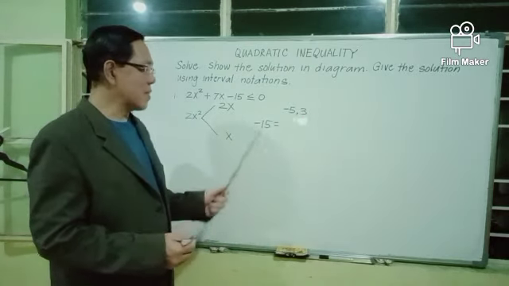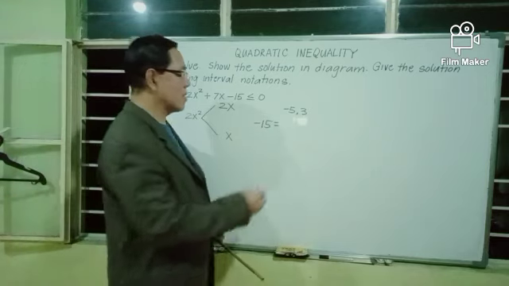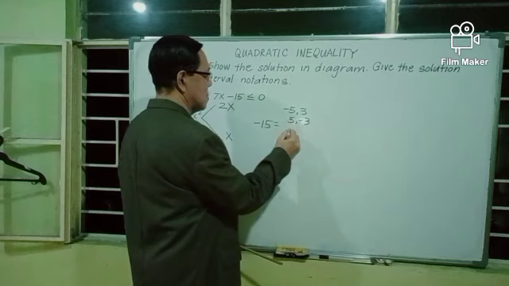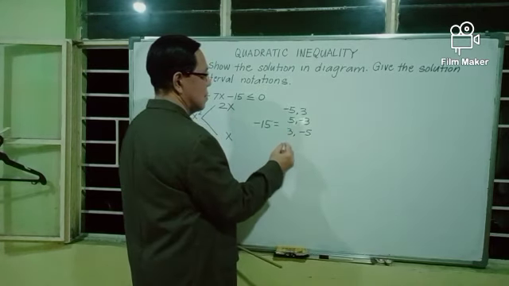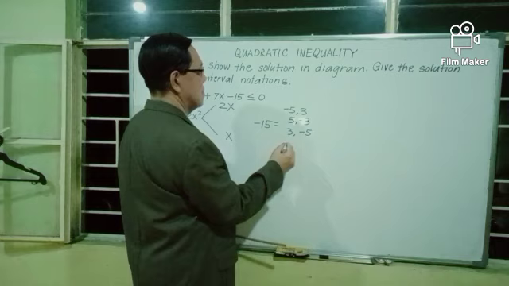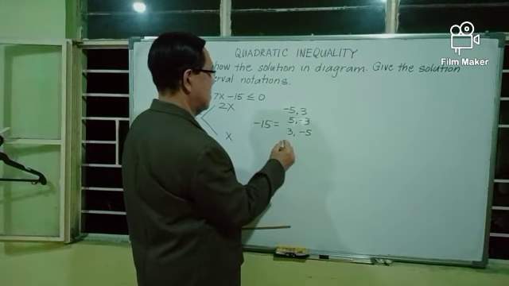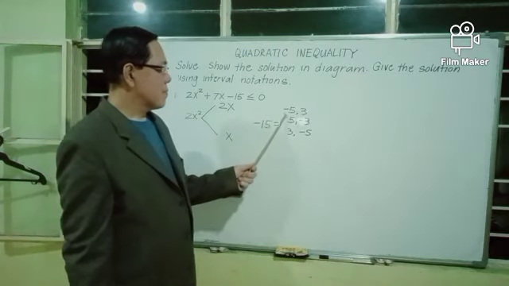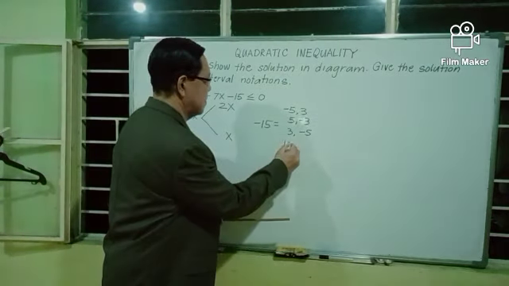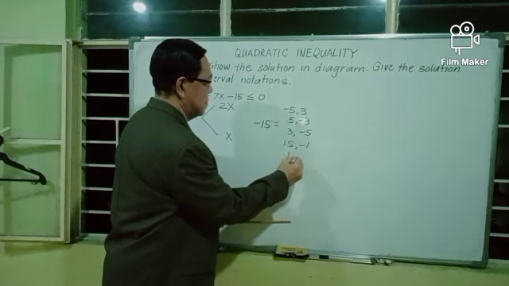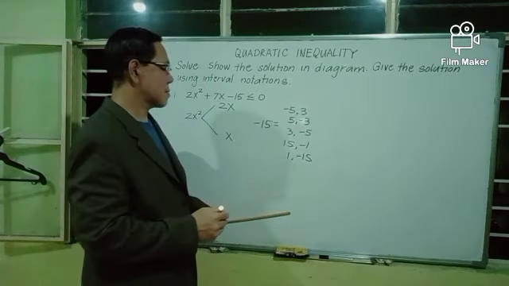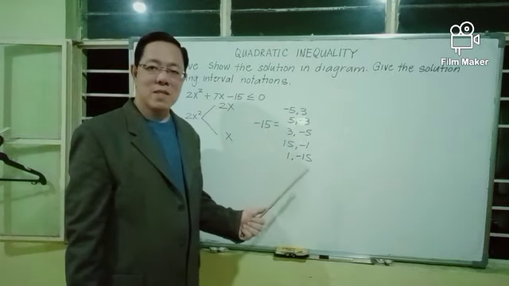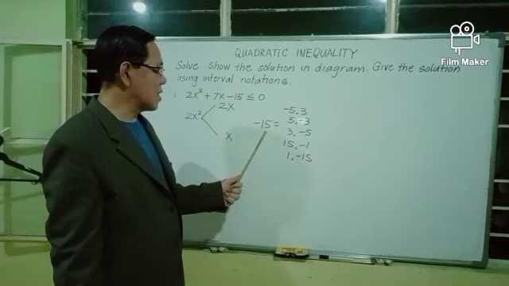Another set of factors for negative 15 are 3 and negative 5. These are the possible sets of factors for negative 15.